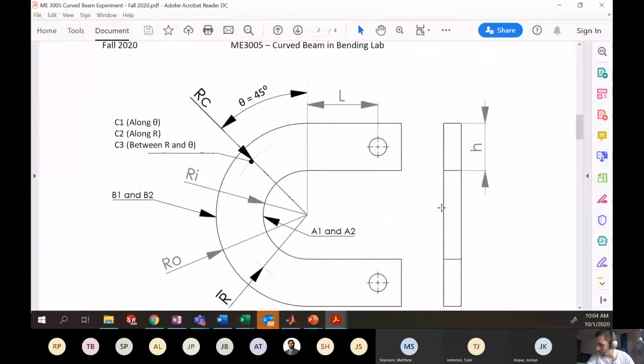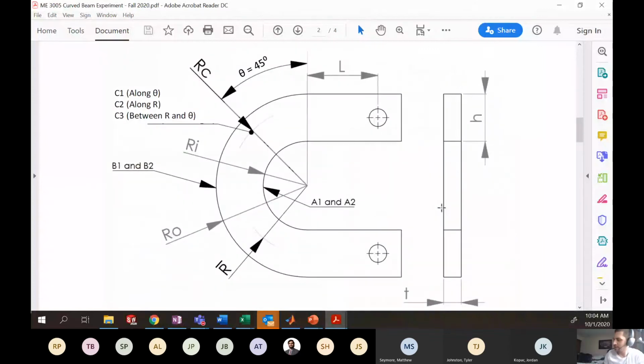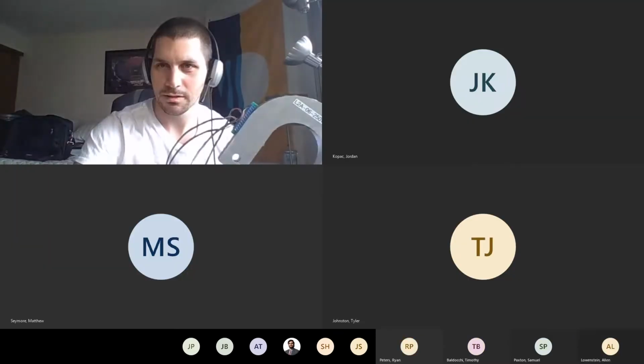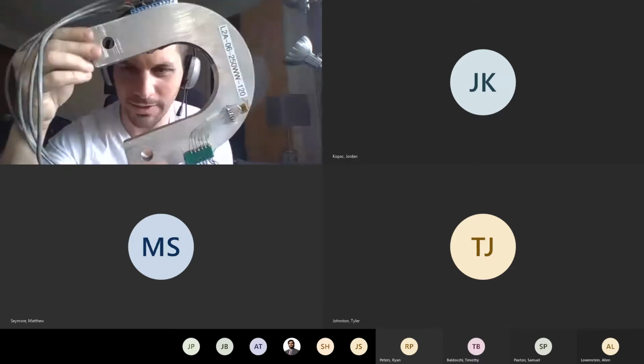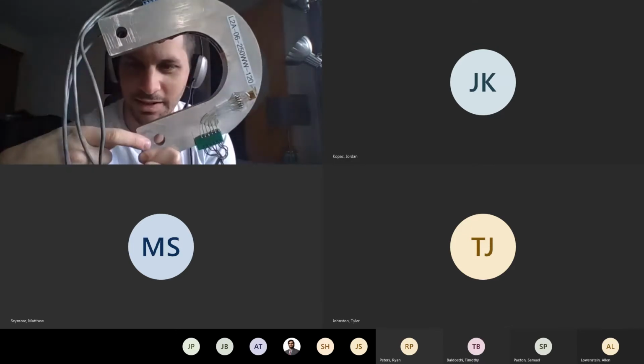The curved beam that we're going to use looks something like this, and I actually have it here. This is the curved beam that we're going to use for the lab. I show this picture here. I'll bring you into my full view so you can see the apparatus quickly. Okay, so here's the curved beam we'll be using for this lab. Notice it's got a pin here and a pin here.